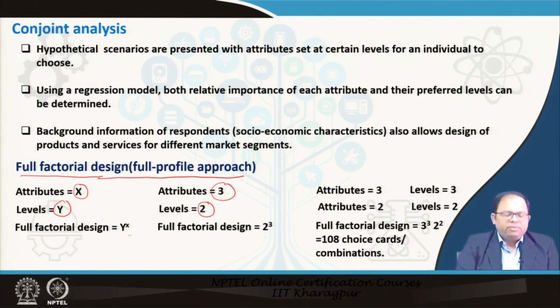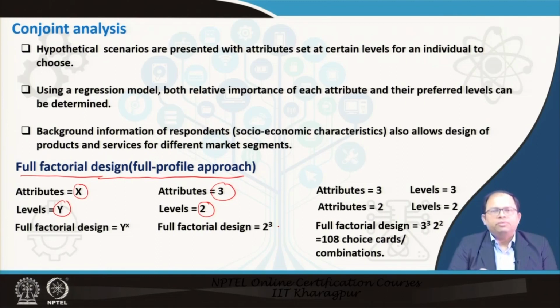Then in a full factorial design, the total number of combinations is y to the power x, which is 2 to the power 3, so around 8 combinations. So there are 8 ways we can present these different combinations in front of the person we are surveying, and seeing these combinations, he can choose a particular mode as per his preference.